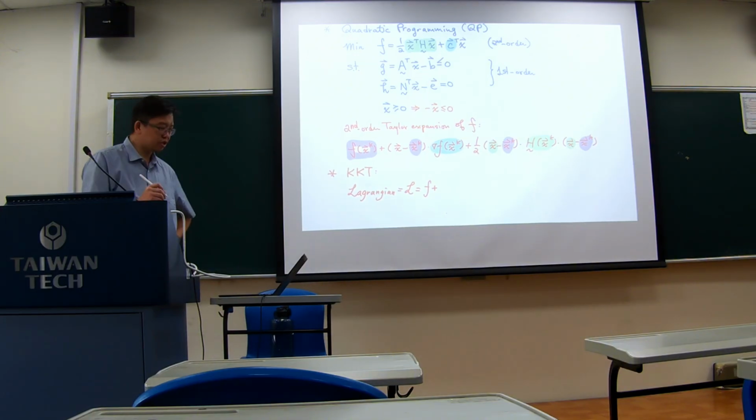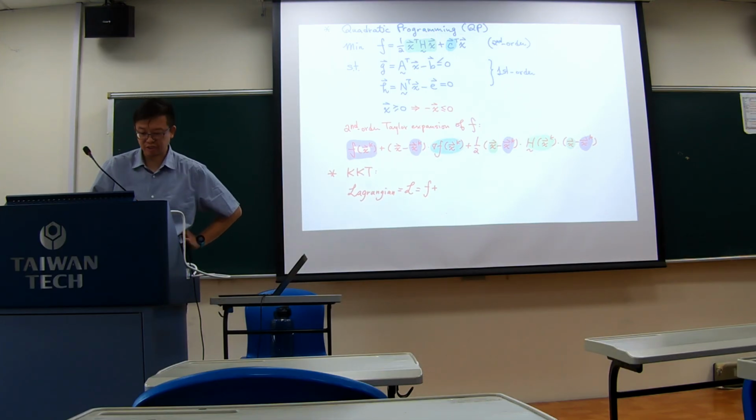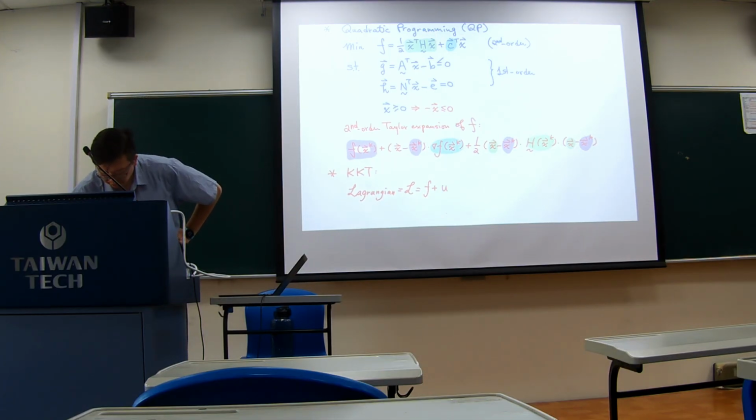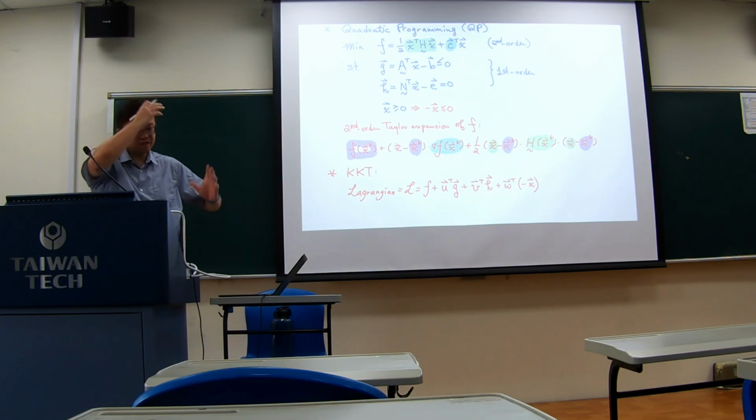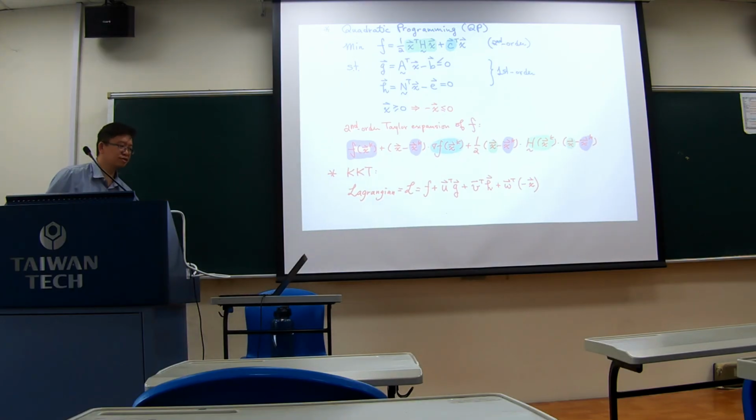I'm going to use u, v, and w because there are too many constraints. So u is a vector, the product with g, v the product with h, w the product with negative x. So this term is called Lagrangian.